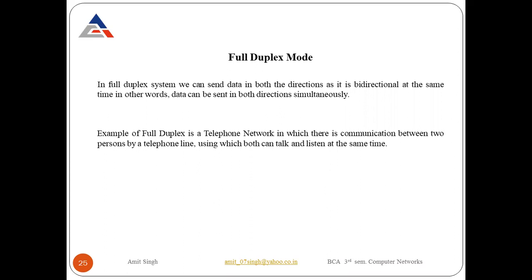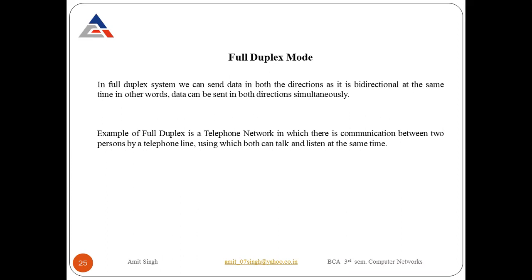Now the next is the full duplex mode. In full duplex systems, we can send data in both directions, as it is bidirectional, at the same time. In other words, data can be sent in both directions simultaneously.